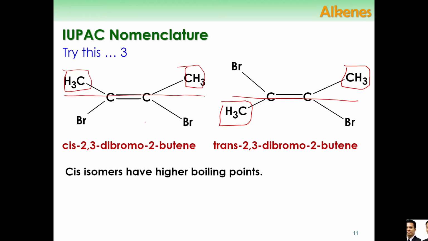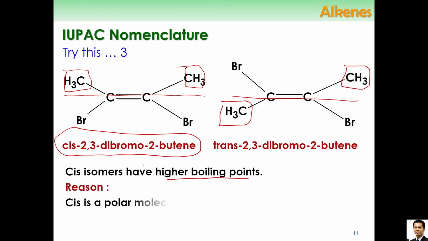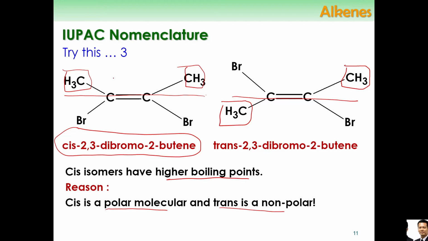In terms of physical properties, the cis isomer has a higher boiling point. Reason: it is a polar molecule and trans is non-polar. So you can see that if I draw the structure, maybe it will be like this. You can see that these have a bigger electron cloud compared to the bottom here.